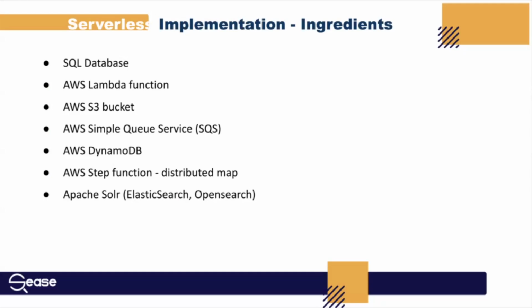We have an S3 bucket. This is another service, probably almost everybody knows it, where you can store files. We used Simple Queue Service, SQS. This is a queue that can guarantee that when you store data, you don't lose this data.